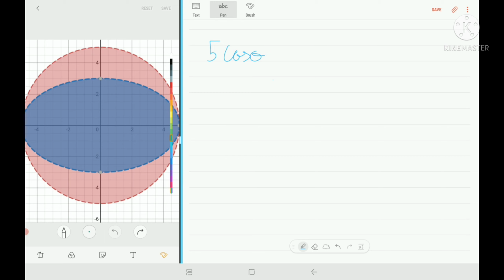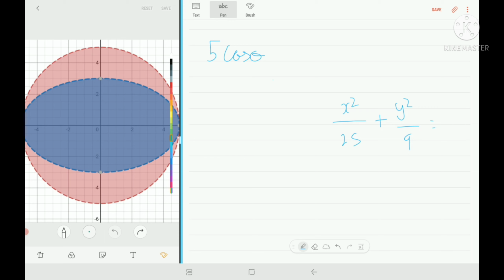If you put this in the general or standard equation of the ellipse, they can be interconverted very easily by shifting the origin, but I won't be using the formal wording. I will say that when we put this in the simple equation of the ellipse, which for this case is x square by 25 plus y square by 9 is equal to, is it 9?